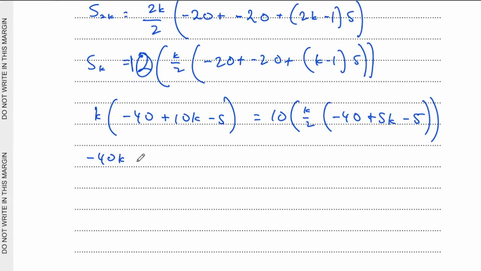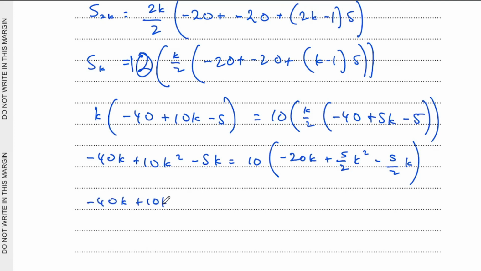Negative 40k plus 10k squared minus 5k equals 10, open bracket, negative 20k plus 5 over 2 k squared minus 5 over 2 k. Yes, open the bracket again. Negative 40k plus 10k squared minus 5k equals negative 200k plus 25k squared minus 25k.